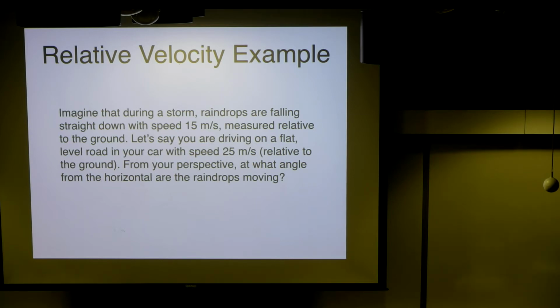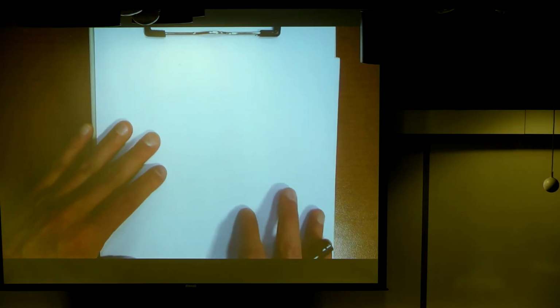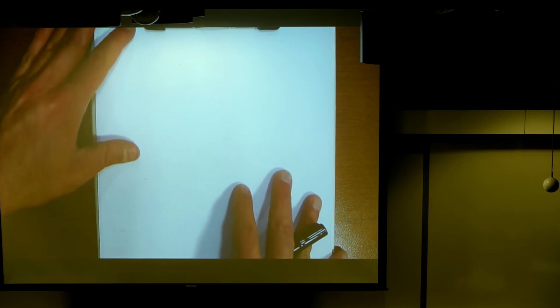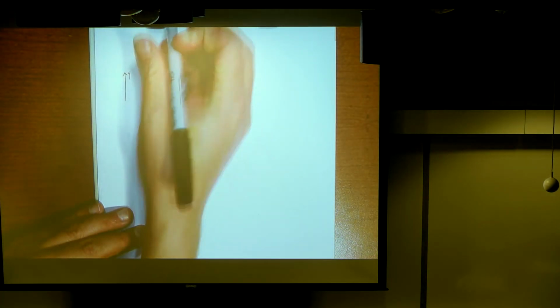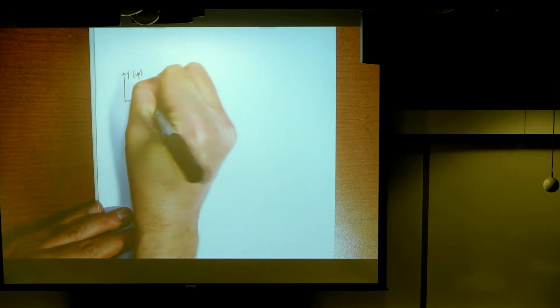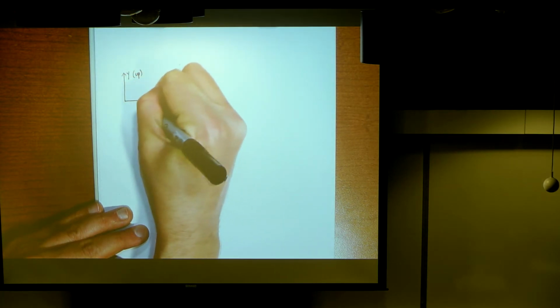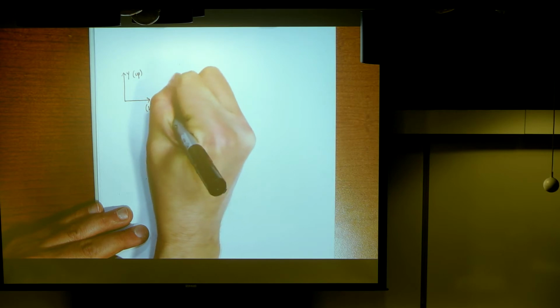How are we going to deal with this? So what I'm going to do is draw a picture of what's going on. And in order to do that, we're going to have a coordinate system set up. So the y direction in this case is going to be up. And then the x direction is just whatever the horizontal direction is.